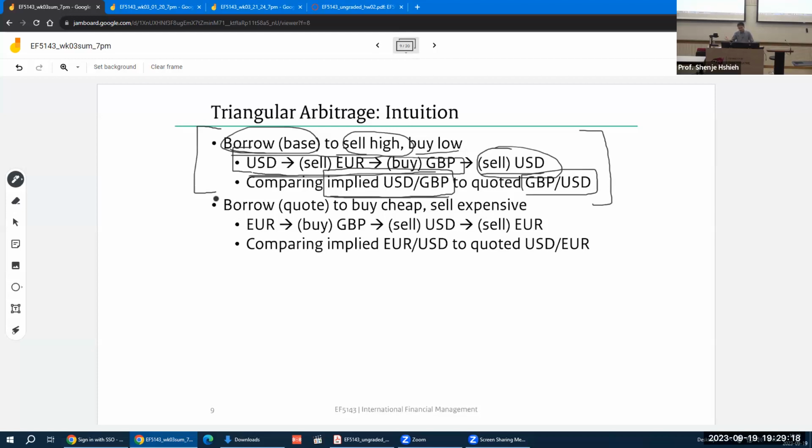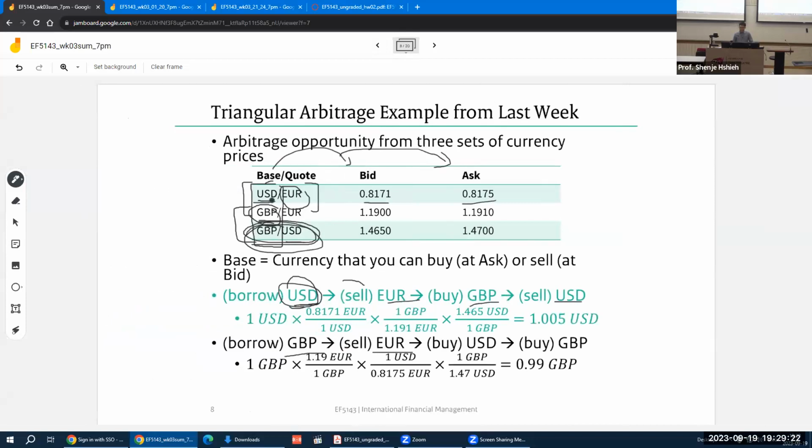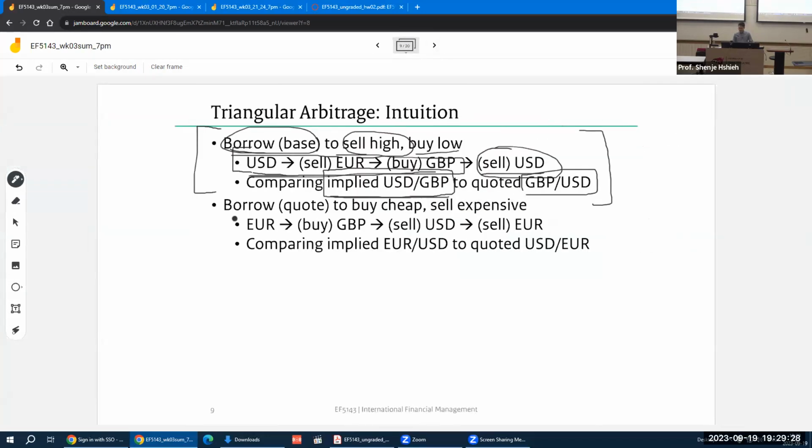All right, if you don't want to do my strategy of looking at the base quotes, that's fine. You can look at the quote currency. So if you borrow the quote, then the intuition is different. You're trying to borrow the quote and you're trying to buy the currency that is cheap, the cheapest, relatively speaking.